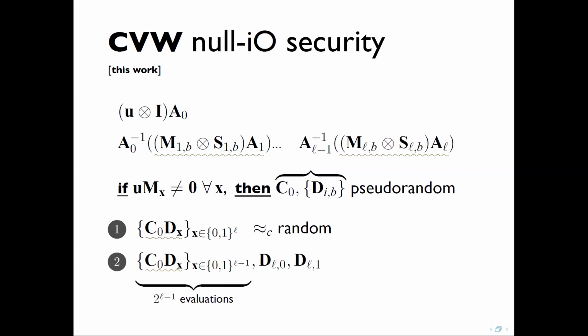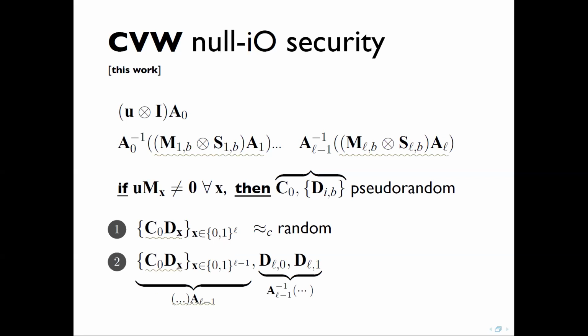In the next step, we consider all possible 2 to the L minus 1 evaluations corresponding to all possible L minus 1 bit inputs, the joint distribution of these 2 to the L minus 1 evaluations together with the two rightmost encodings. Observe that the 2 to the L minus 1 evaluations are of the form something times A sub L minus 1 plus noise, whereas the two rightmost encodings are Gaussian pre-images with respect to A sub L minus 1.